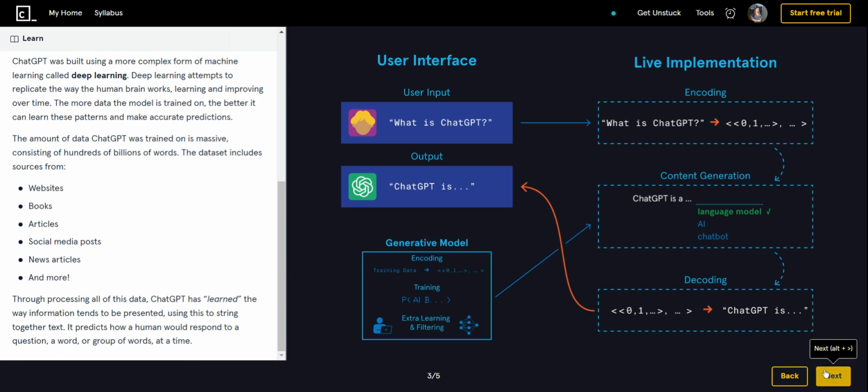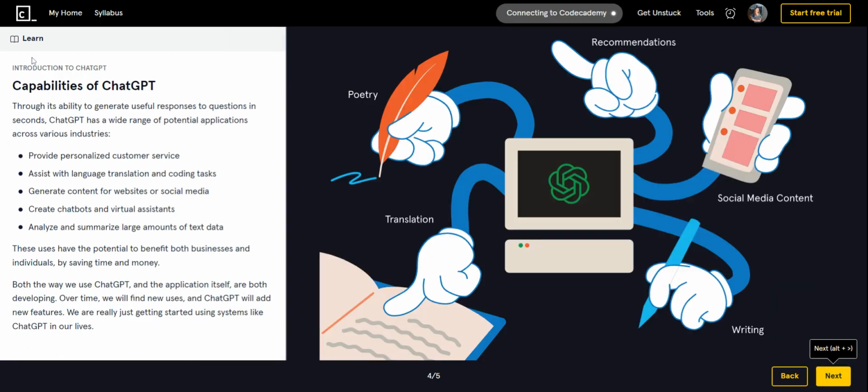And then next, capabilities of ChatGPT. Through its ability to generate useful responses to questions in seconds, ChatGPT has a wide range of potential applications across various industries. Provide personalized customer service, assist with language translation and coding tasks, generate content for websites or social media.